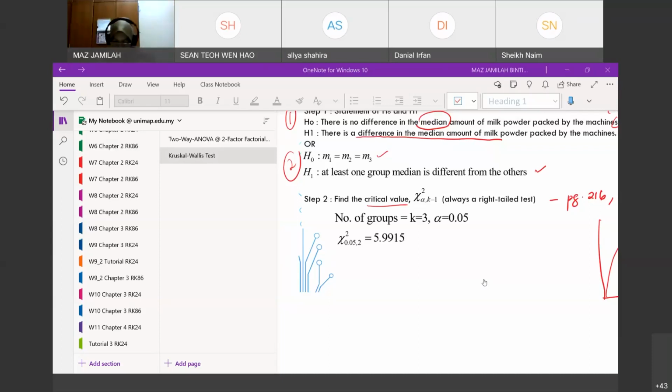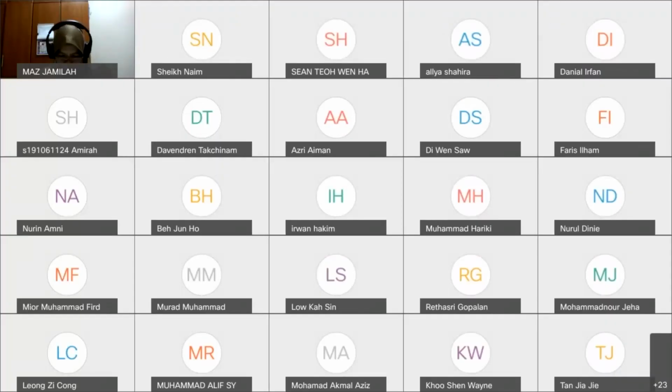I forgot to scan the chi-square table. I just snapped the picture. Let me share you the picture. Okay, stop sharing.